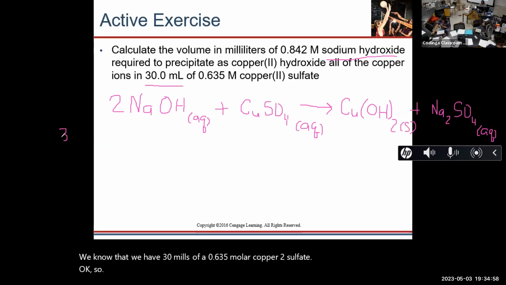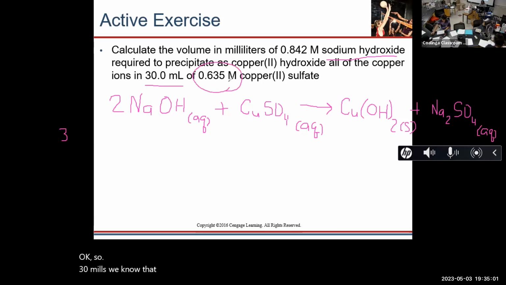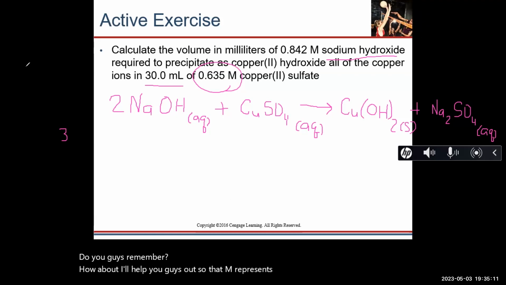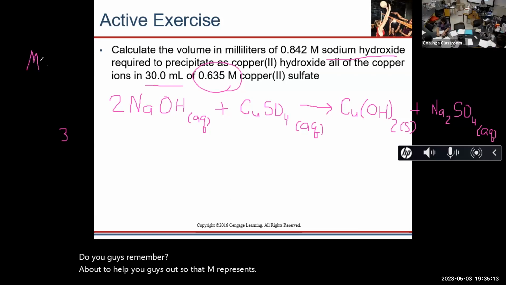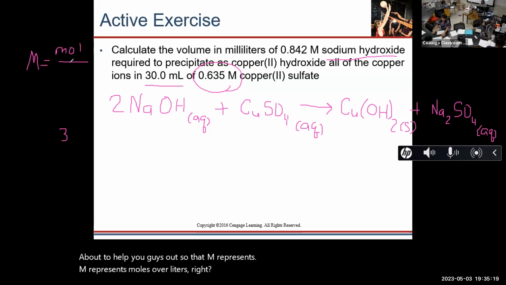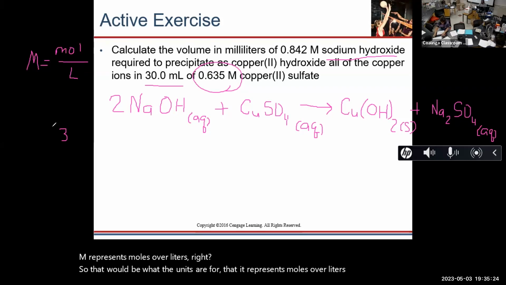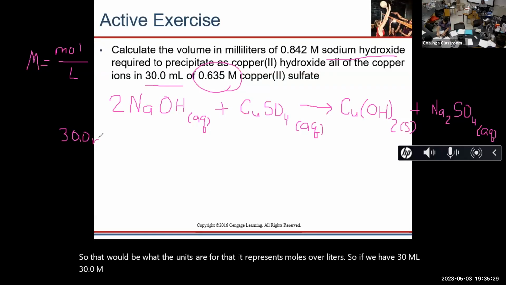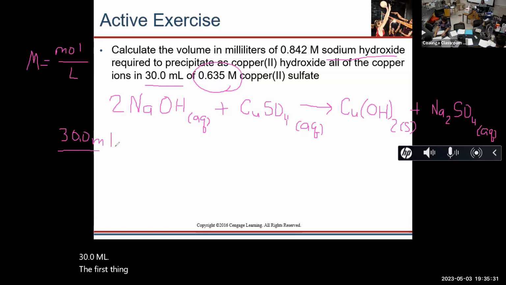Okay, so 30 mils. We know that molarity is what units again? You guys remember? I'll help you guys out. So that M represents moles over liters, right? So that would be what the units are for that. So if we have 30.0 mLs, the first thing that I want to do is convert that into liters so that the units match up.